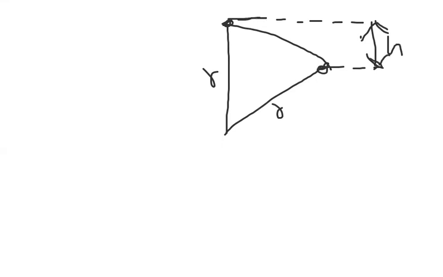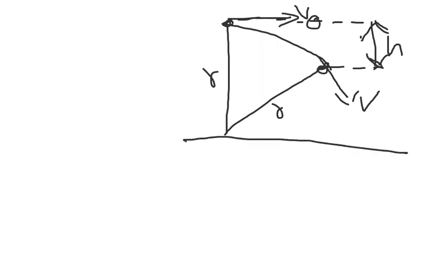Your initial velocity is v naught, and when it came here your velocity was v. So, by the law of conservation of energy, suppose you take this height as h, then this will become r minus h.